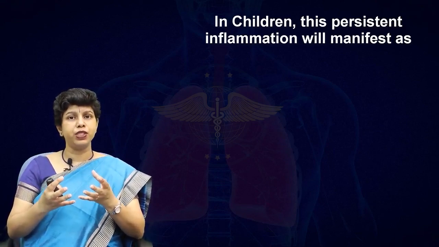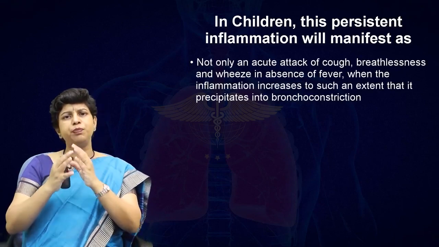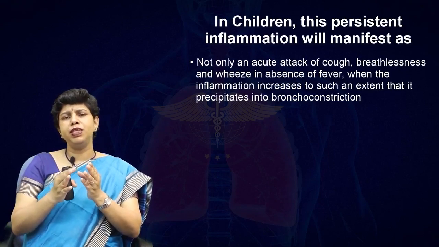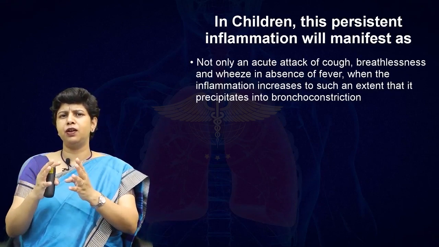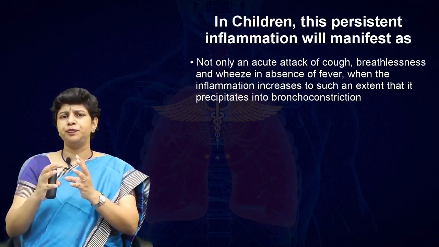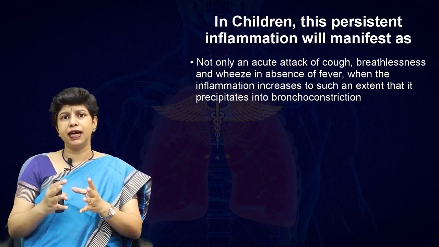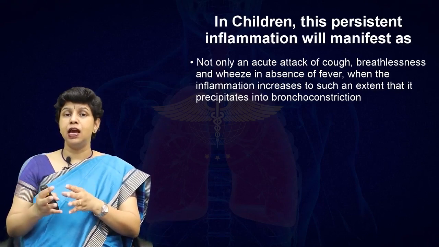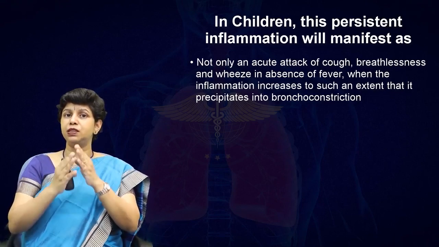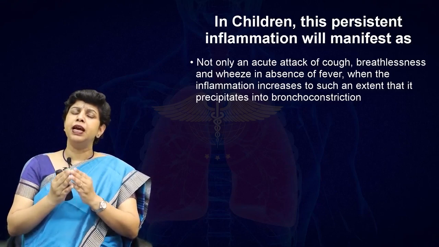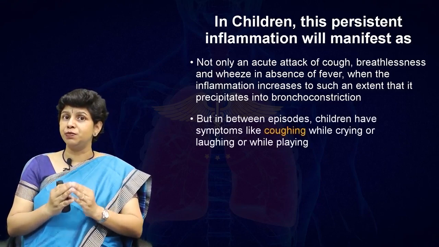Especially in children, the moment the child is exposed to change of weather or any cold items, the child will get an acute attack of cough, breathlessness and wheeze. But in between this, when there is minimal persistent inflammation, the patient can still get some symptoms.